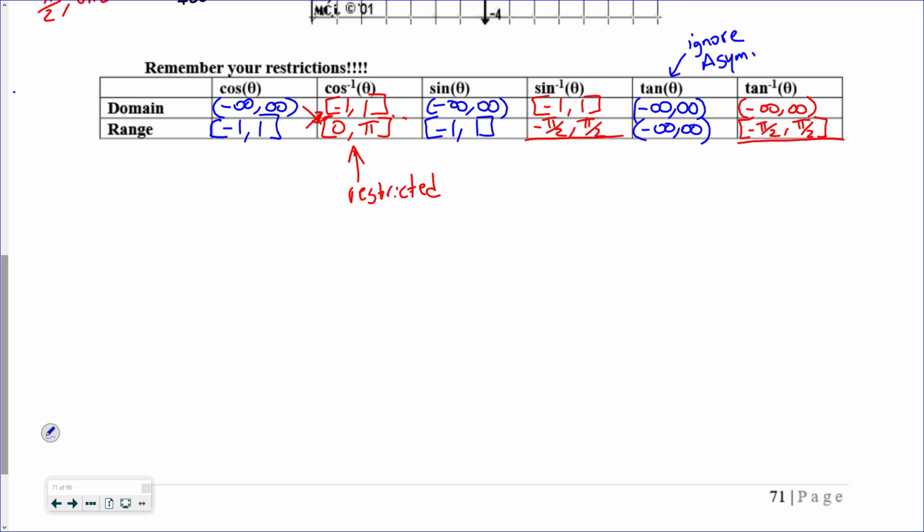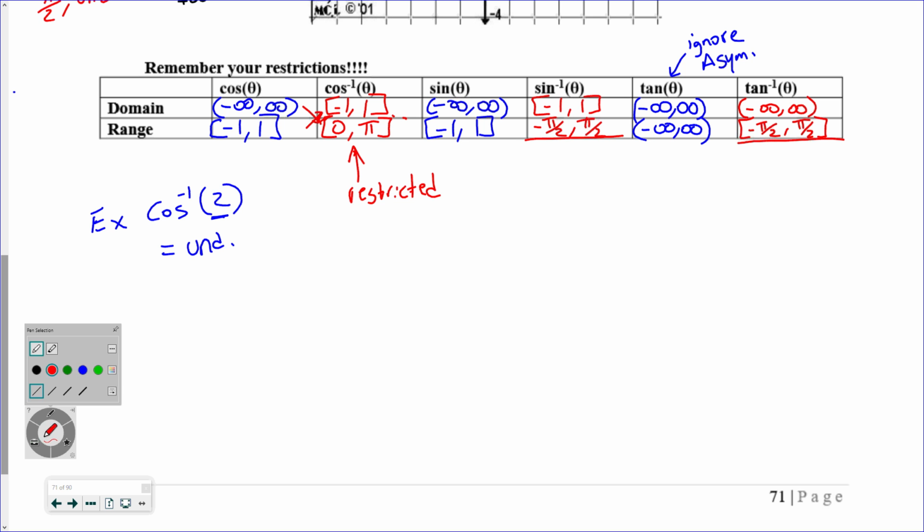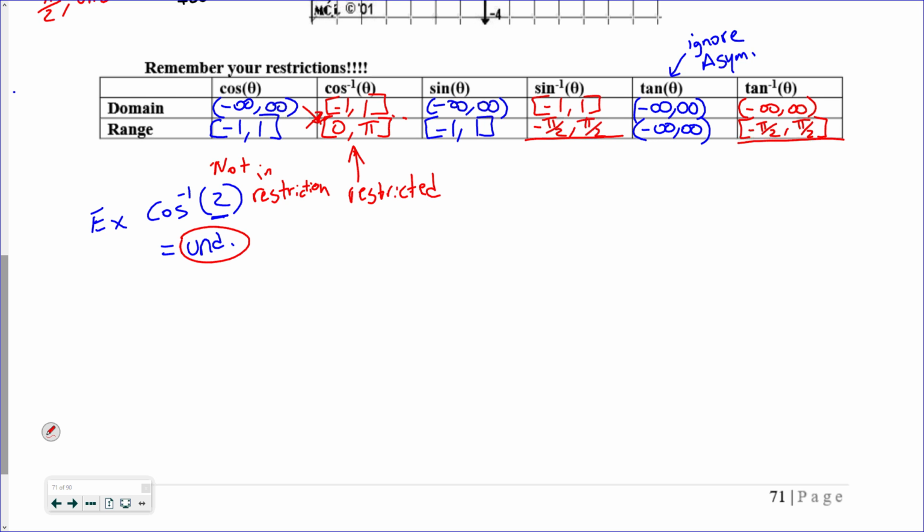For example, cosine inverse of maybe 2 does not exist. That is undefined because 2 is not in the correct domain. That is not in the restriction, and not being in the restriction means that you get undefined.